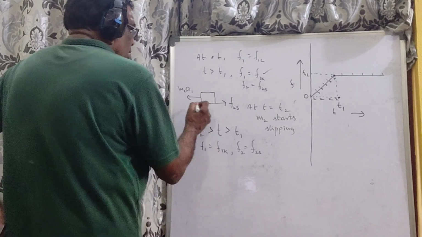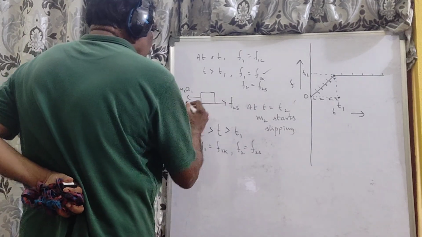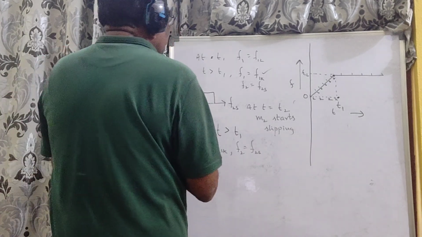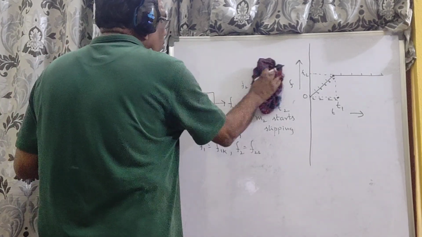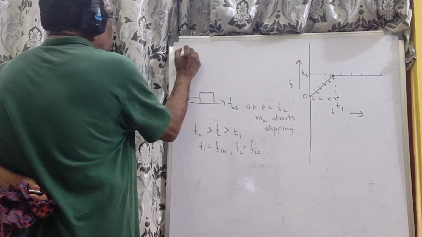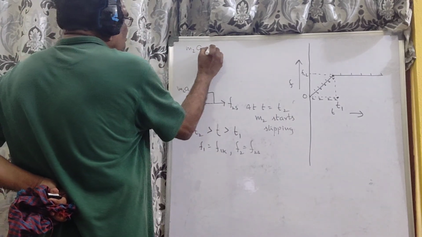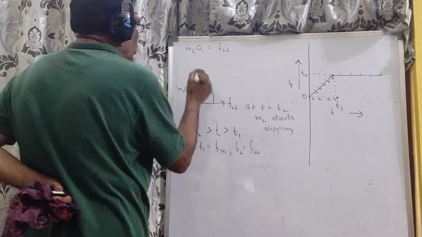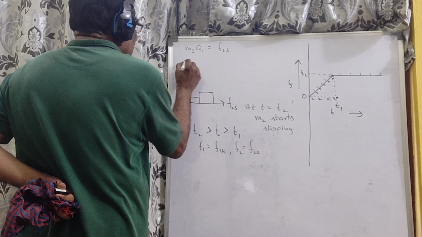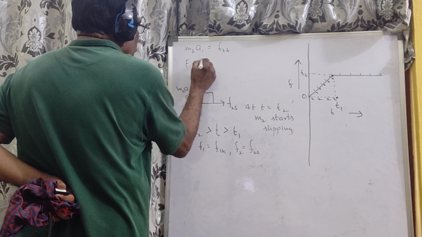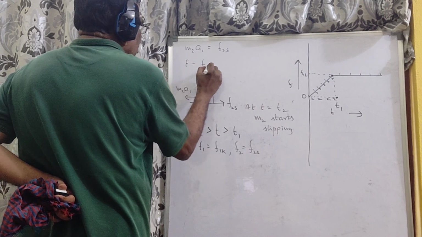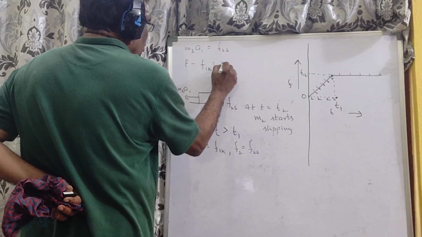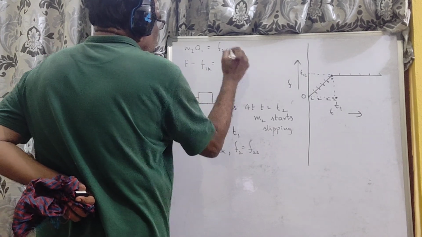We will see. First of all, you say M2A1 is equal to F2s. Okay? M2A1 is F2s, and then for the lower body, F minus F1k is equal to M1A1.